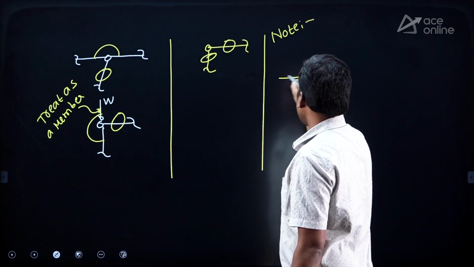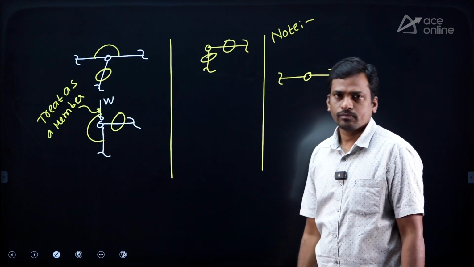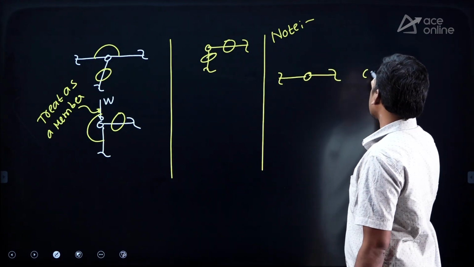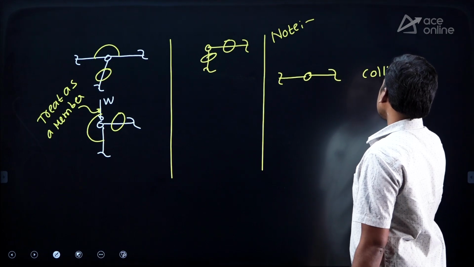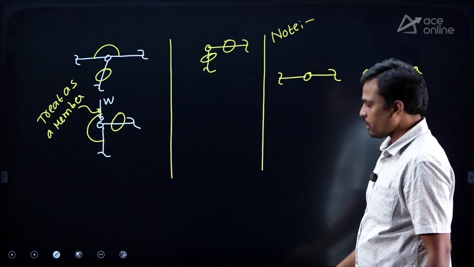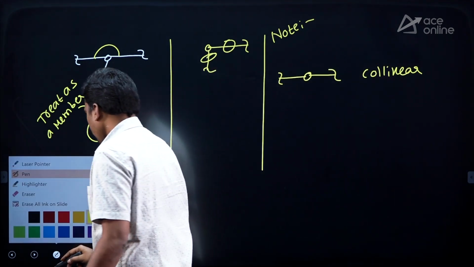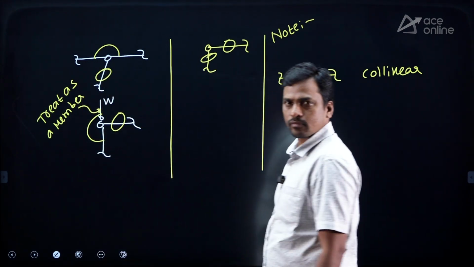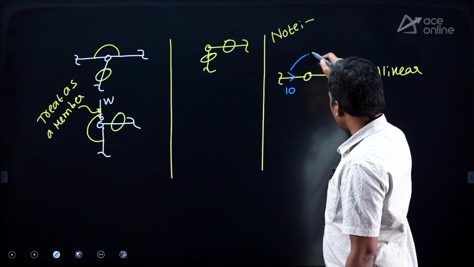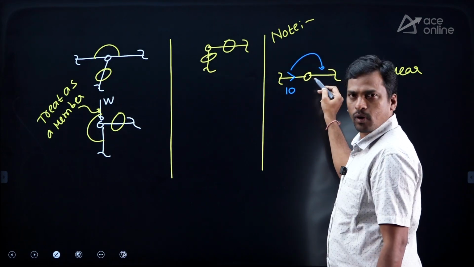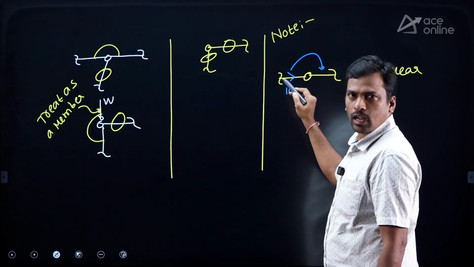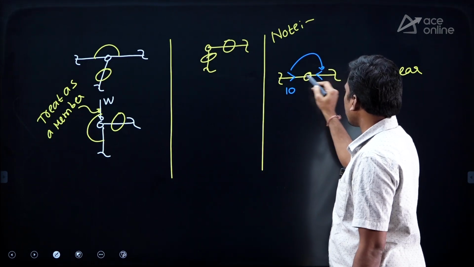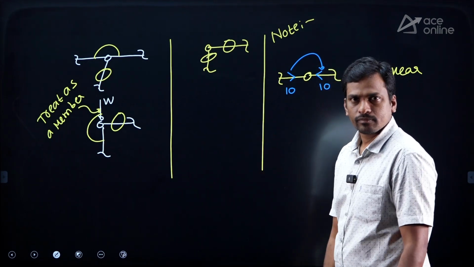At the pin joint, if the number of members are only 2, and these 2 are collinear. For example, if the force in this member is 10, then how to find the force in the second member? No need to do analysis. Same magnitude, opposite direction, right? If it is on the right side, that is on the left side. Same magnitude but opposite direction.